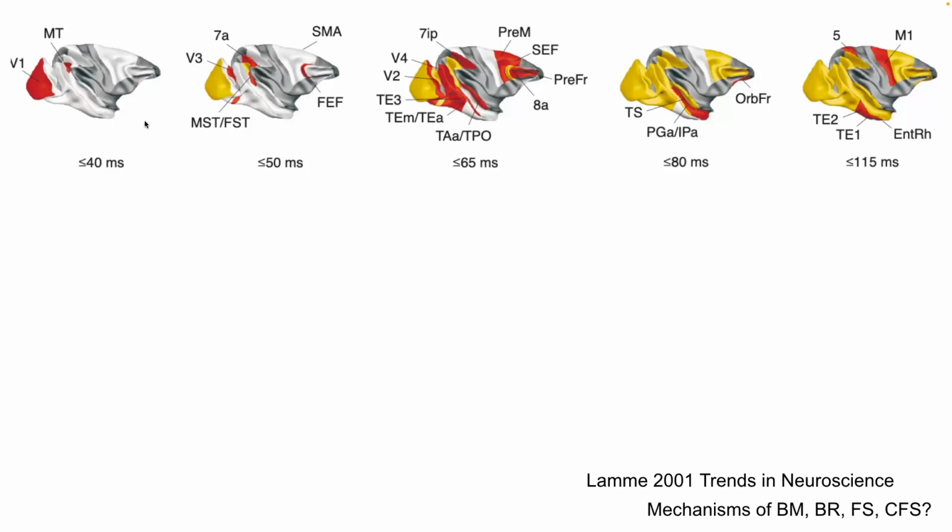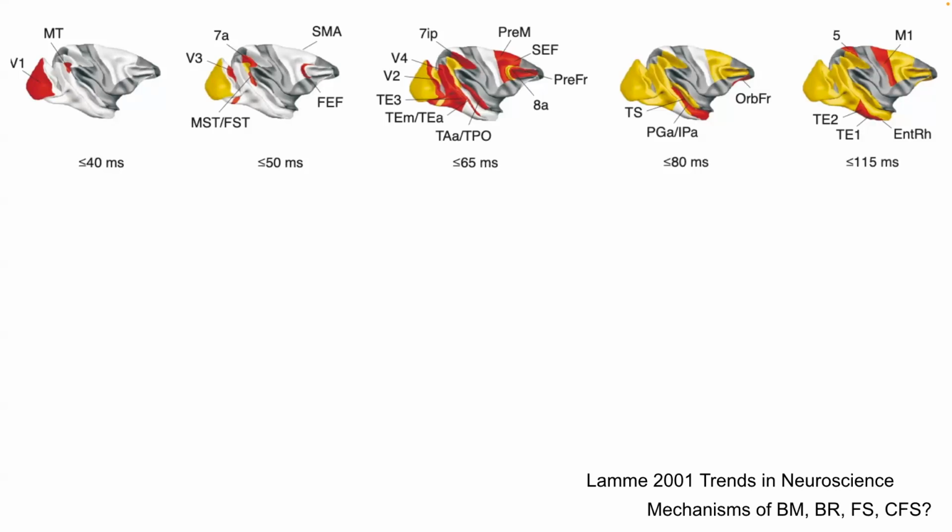In the case of looking at what happens in the brain, if you have the capacity to record from everywhere, this is what happens roughly. At each moment of time, it's not strictly hierarchical, V1, then V2, V3, V4, but many things actually become active at the same time. That's how the brain works actually.